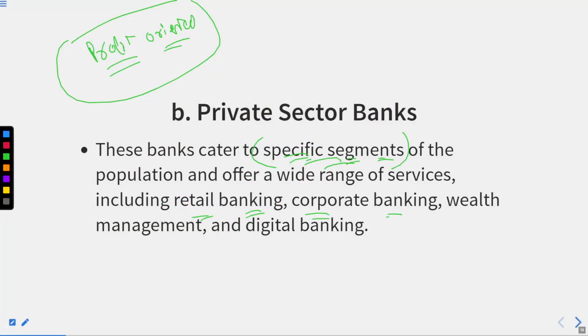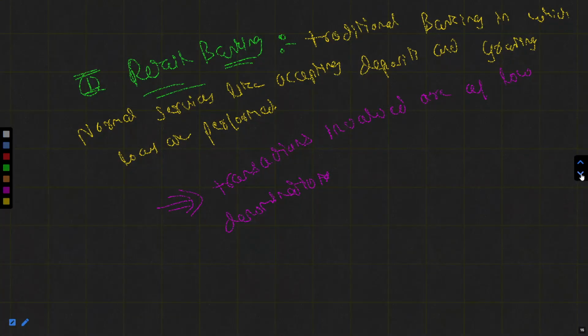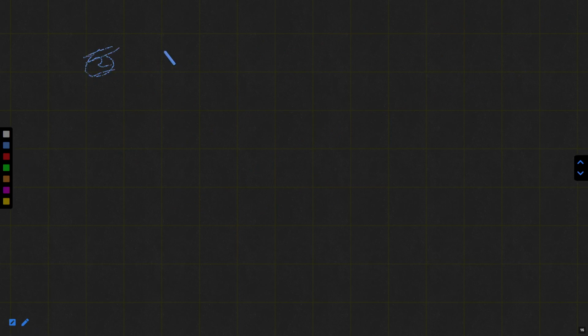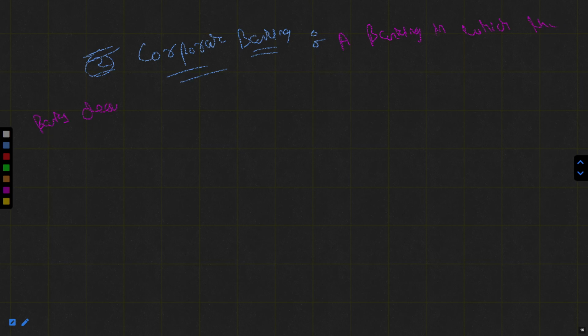But second was corporate banking. Corporate banking is a banking in which the bank deals with corporates to provide credit lines and make investments.